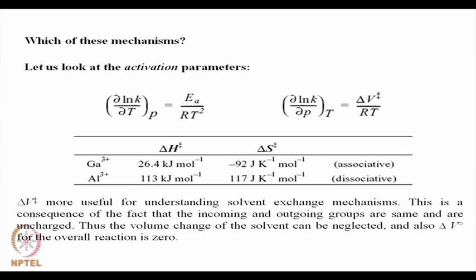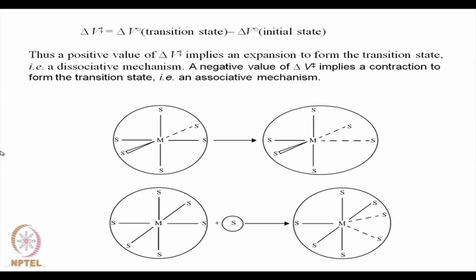Okay. So, delta V is also more useful for understanding the solvent exchange mechanism. This is a consequence of the fact that the incoming and outgoing groups are same and are unchanged. Thus, volume change of solvent can be neglected, and also delta V 0 for the overall reaction is 0, but in some cases that may also change. Delta V double dagger is the volume of the transition state minus the volume of the initial state.